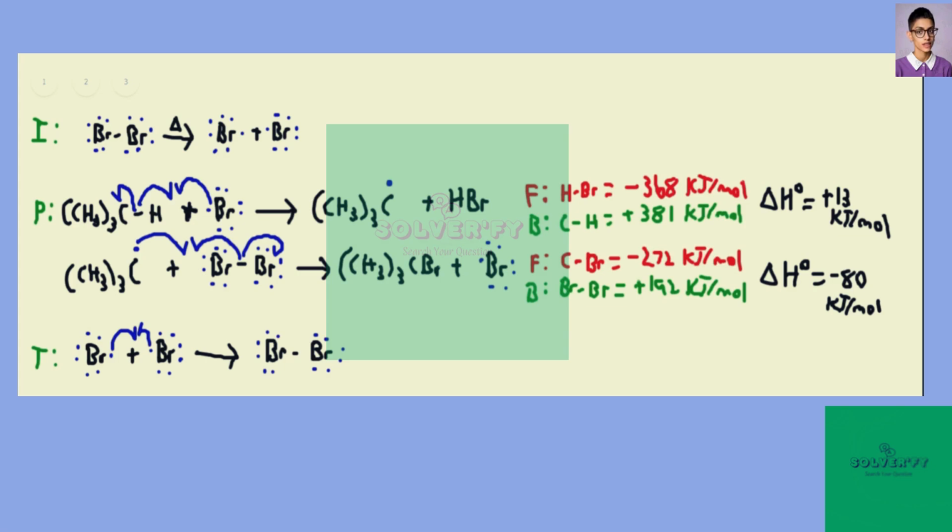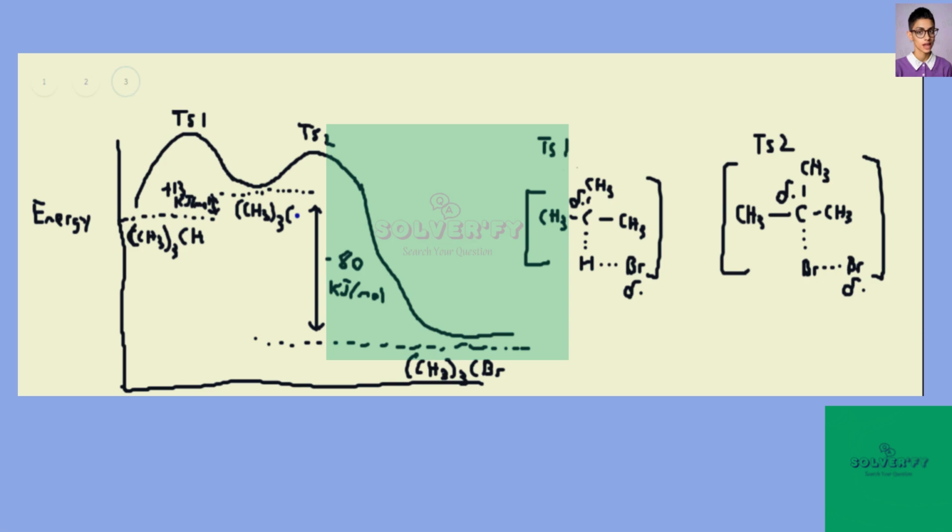Lastly, for parts D and E, we're asked to draw an energy diagram for the propagation steps and to draw the structure of the transition state of each propagation step. I went ahead and did this because this is already quite a long answer, and this is a pretty time-consuming thing to do. So here's the energy diagram.